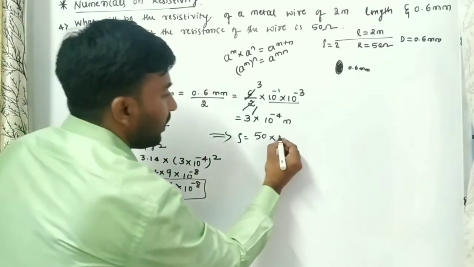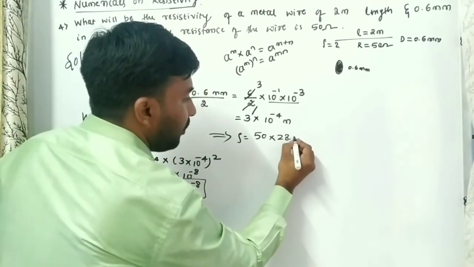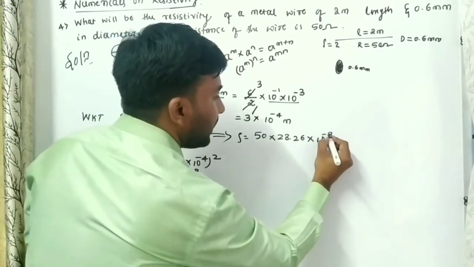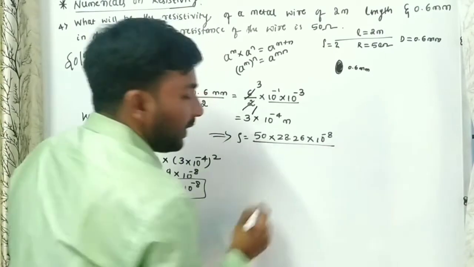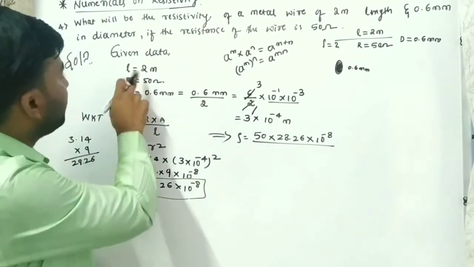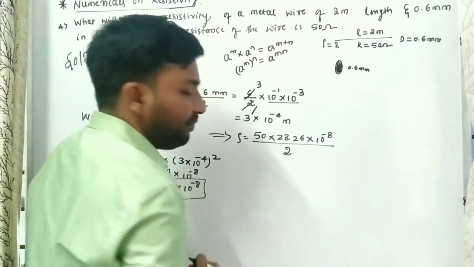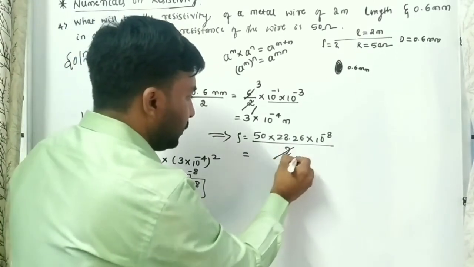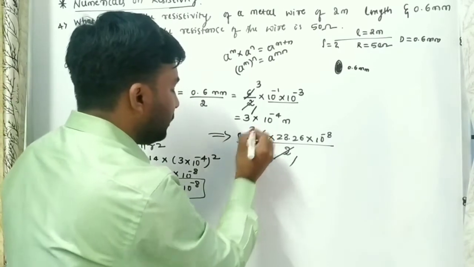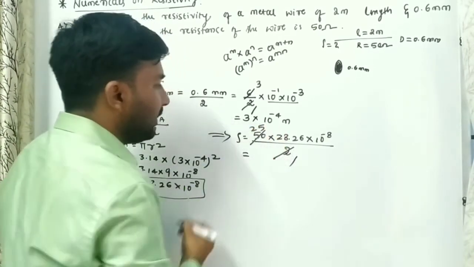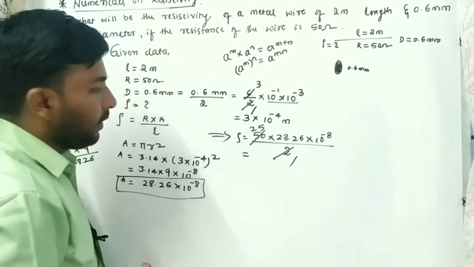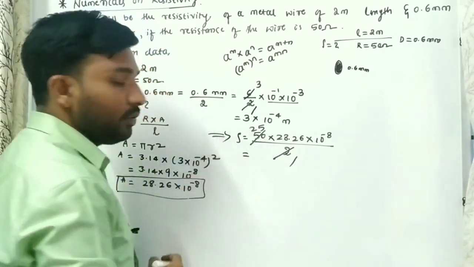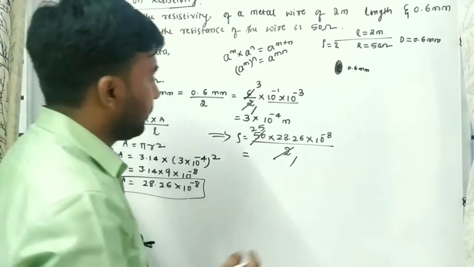It is 28.26 into 10 raised to minus 8 divided by L. L is how much? It is 2. Now this is equal to 2 1s are 2, 2 2s are 4, 2 5s are 10. Got it? Now just multiply this 28.26 into 25.